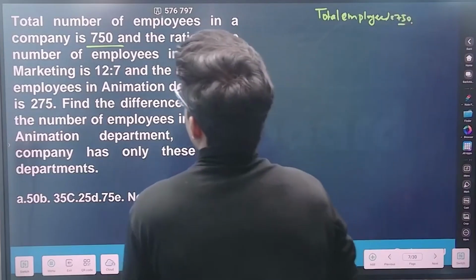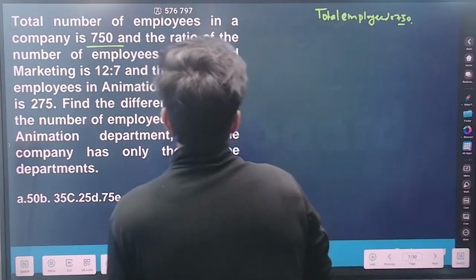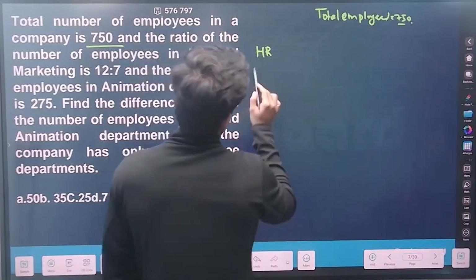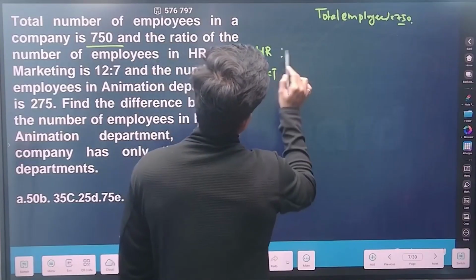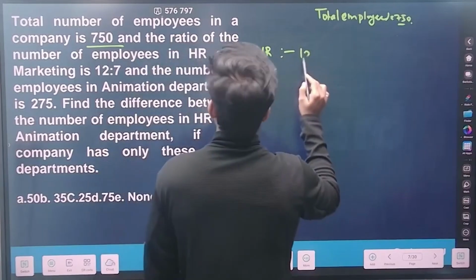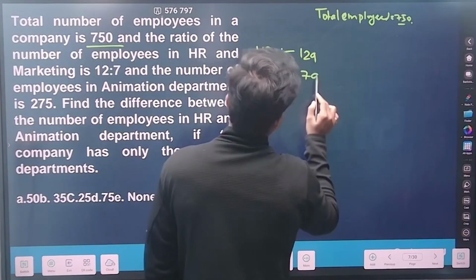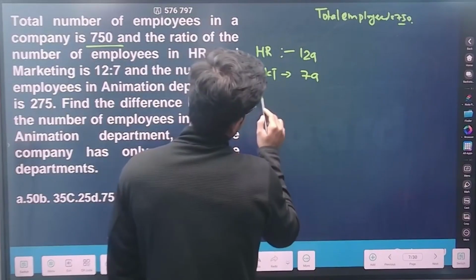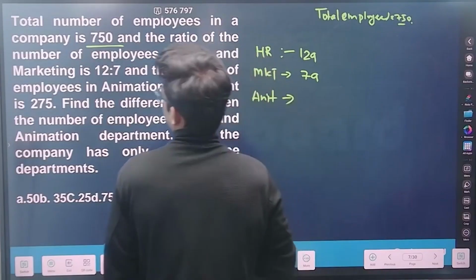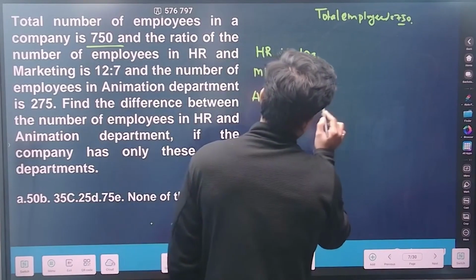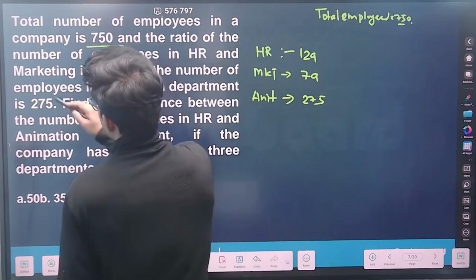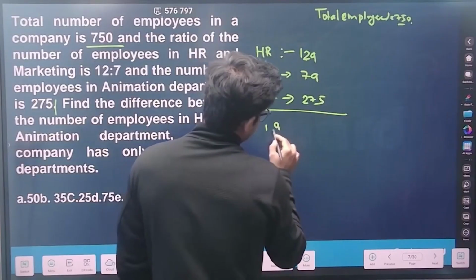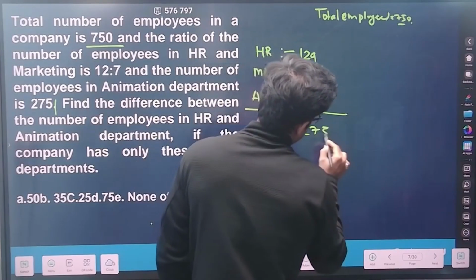Now the ratio of the number of employees in HR and in marketing is 12A and 7A, and the number of employees in animation is 275. The logical point is that 12 plus 7 is 19, so 19A plus 275 is equal to 750.